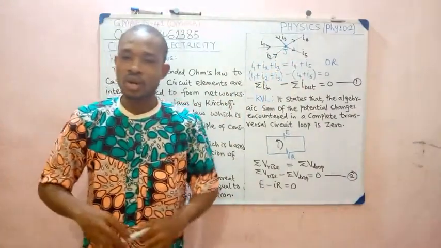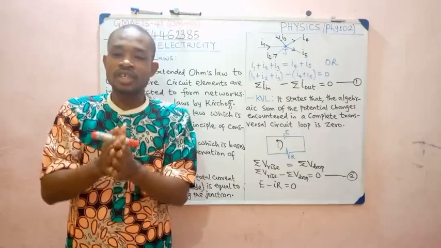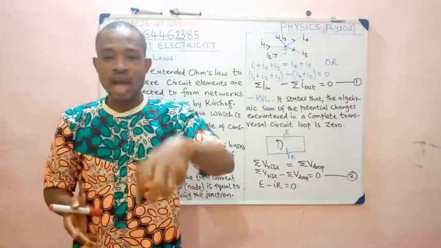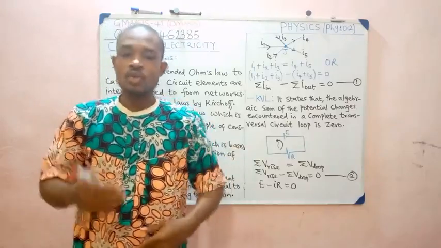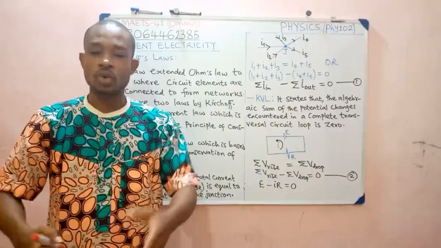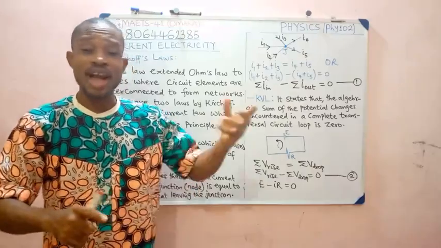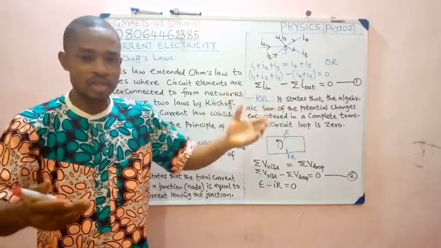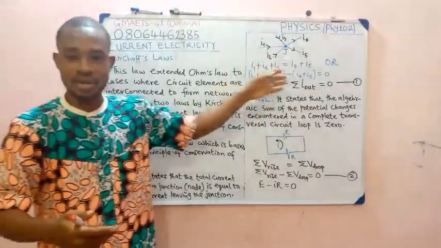By Kirchhoff's current law, the sum of the currents entering the node, which is I1 plus I2 plus I3, will be equal to the sum of currents leaving, which is I4 plus I5. You could have more than this number of elements or even fewer.